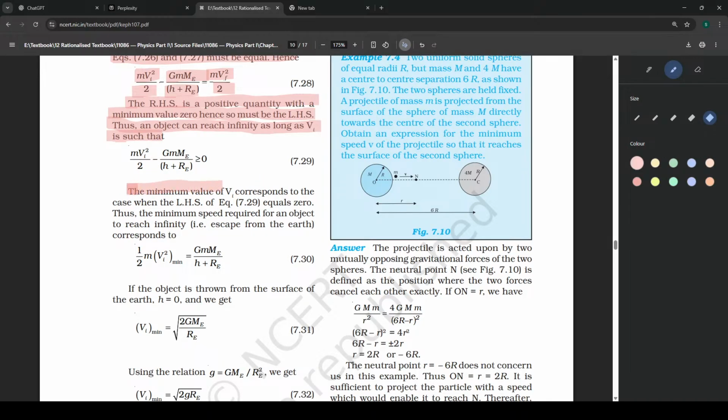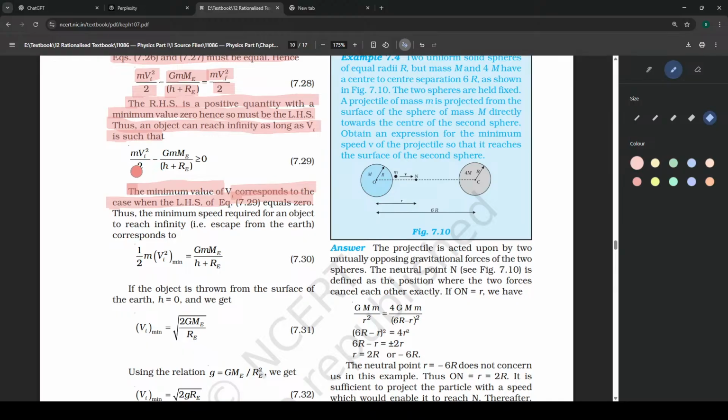The minimum value of v_i corresponds to the case when the LHS of the equation equals 0. The minimum is when finally the kinetic energy becomes 0, converting all the kinetic energy into potential energy, that is at infinity, and the total energy becomes 0.